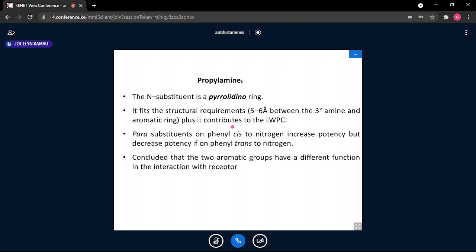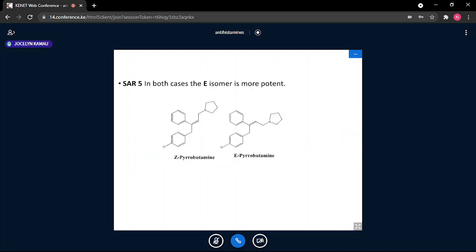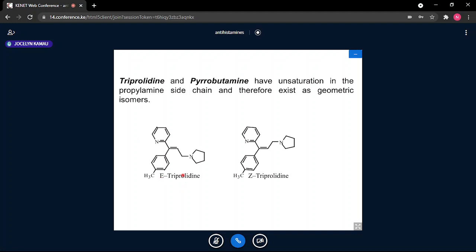Para substitution of the phenyl ring cis to the nitrogen increases potency, but decreases potency if on the phenyl which is trans to the nitrogen. Let us see whether that is obeyed. So again, let's start with triprolidine. You will see this substitution para, and it is on the ring cis to the pyrrolidino nitrogen.